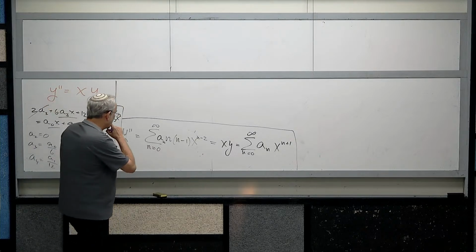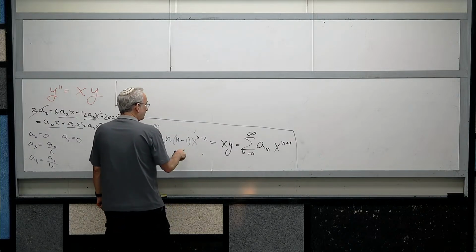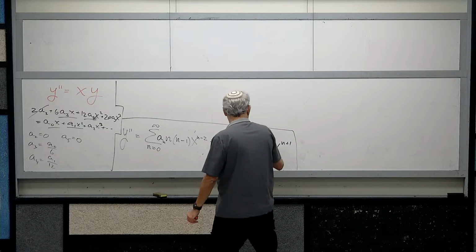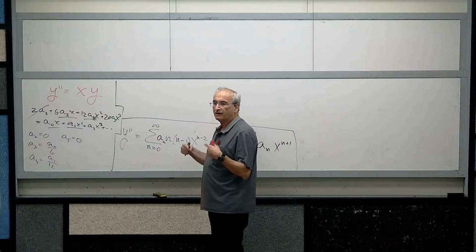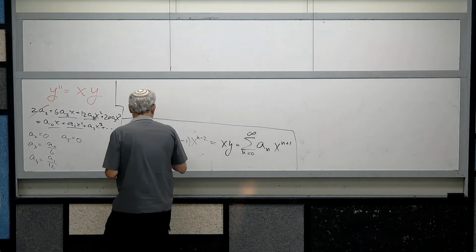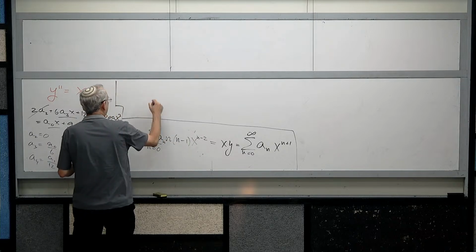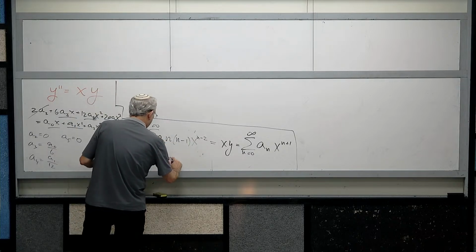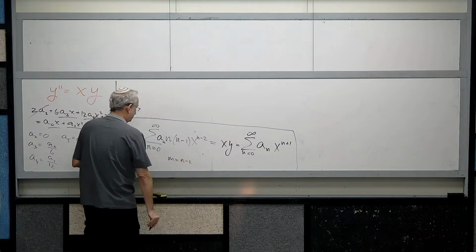What I would like to do is to have both the right side and the left side in powers of x to the power of n. So I will define here, for this side, m as n minus 2.